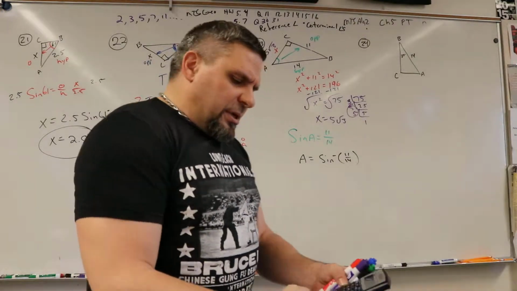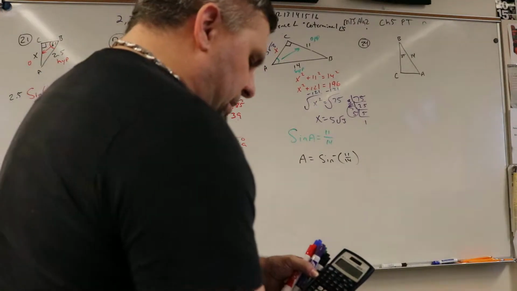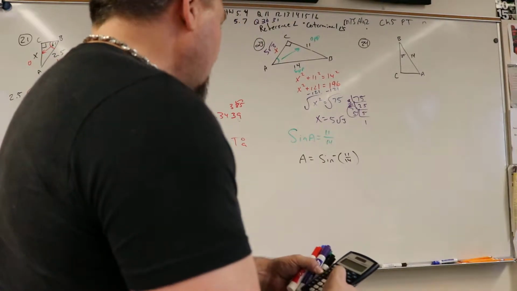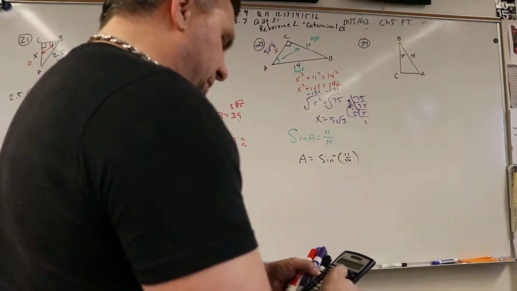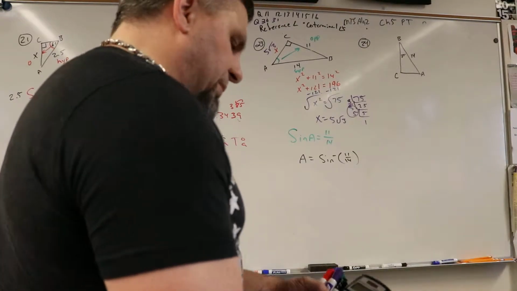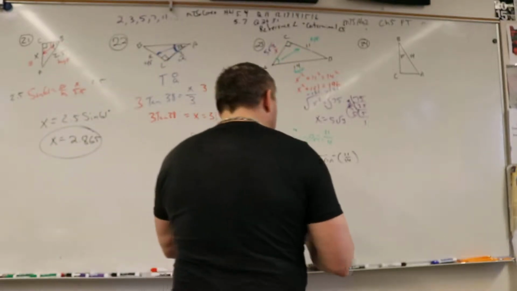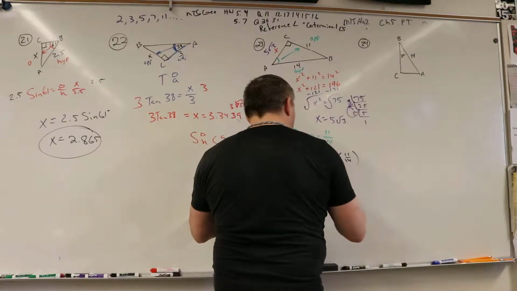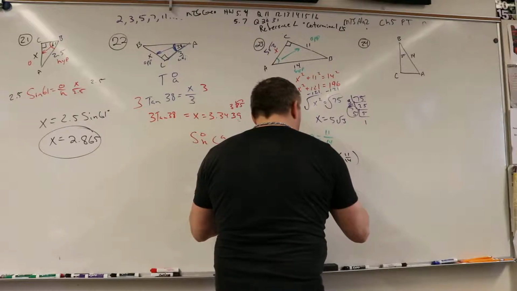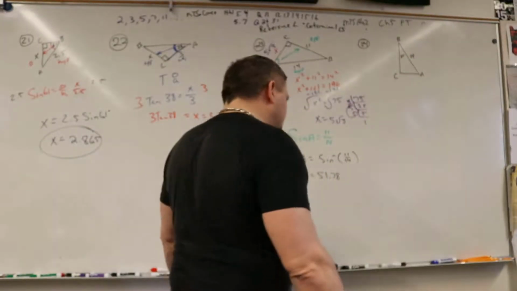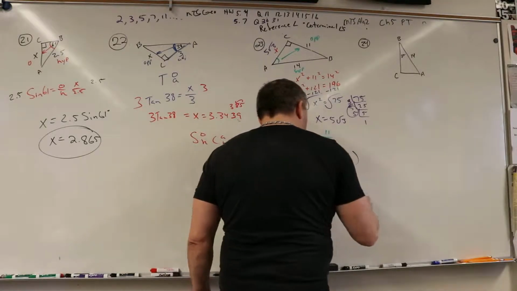Okay? So we take the calculator and go inverse sine of 11 divided by 14 equals 51.78. So A is equal to 51.79.